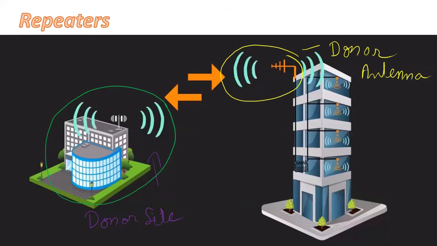And then it will feed into the amplifier, which we also call BDA, bidirectional amplifier. It will amplify the signal and then you distribute the signal inside the building. But the source is an existing outdoor site. So what happens here is that there is improvement in the coverage, but the capacity is shared with the outdoor site. So no improvement in capacity.